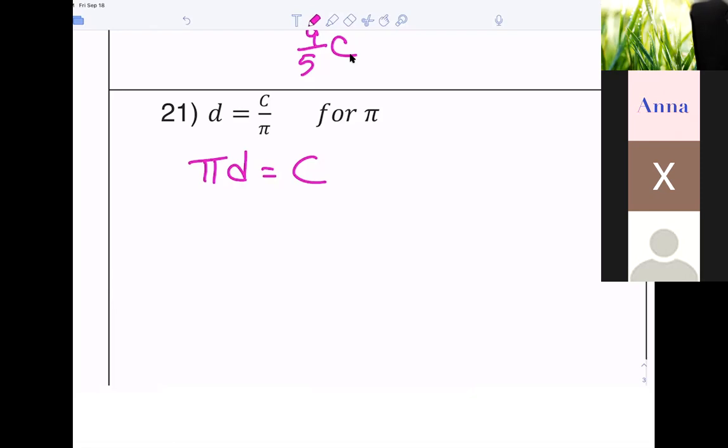What is pi? Is it pi divided by d minus c? I'm solving for pi. What is in the way? Divide by d? You are awesome. All right. So pi is equal to what?